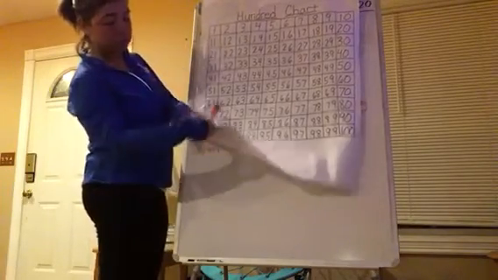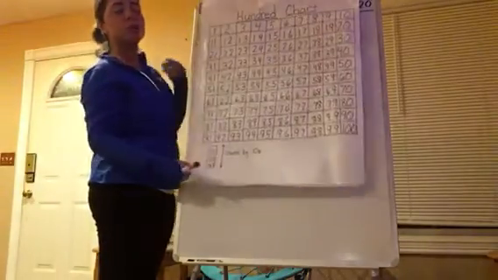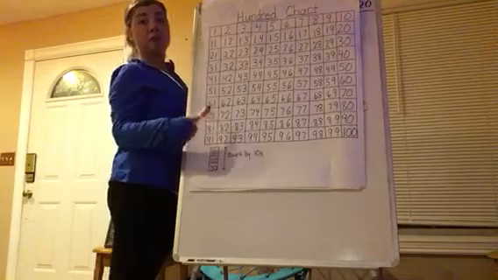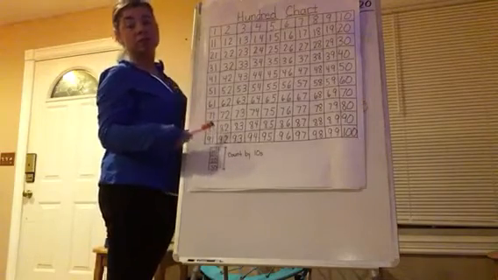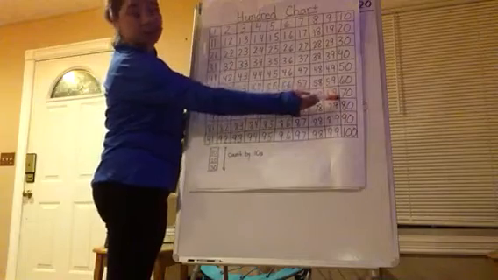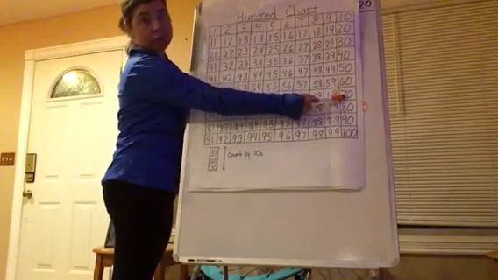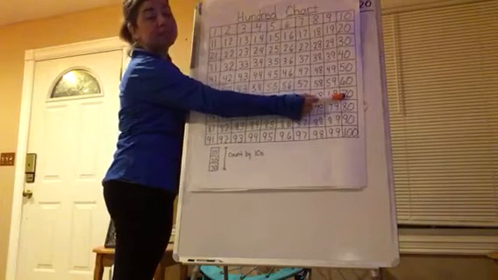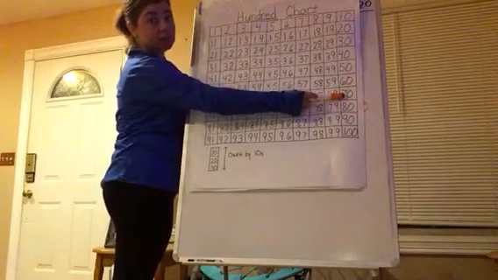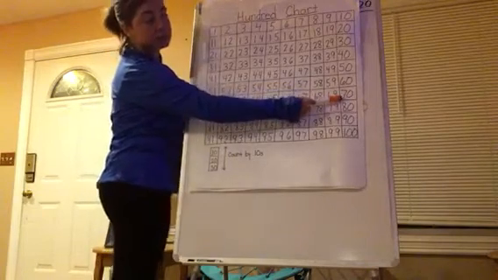Now remember our equation was 70 take away 30. So where would we start to find the difference of 70 take away 30? That's right, we would start at 70. So here's 70. And then what are we going to do next? We're going to count up how many times? 3 times because 3 tens is the same as 30.